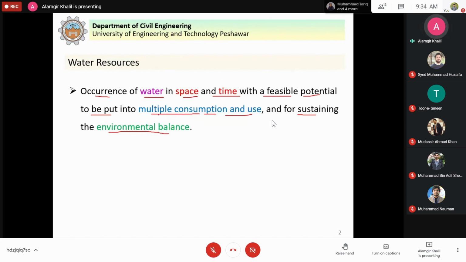So this is what it actually means: the water which is available in space and time has the potential to be put into multiple consumption and uses. So water is life. We are using water for different purposes and for sustaining the environmental balance. For example, the water is flowing in rivers. So we use that water, we divert and extract that water for different purposes.